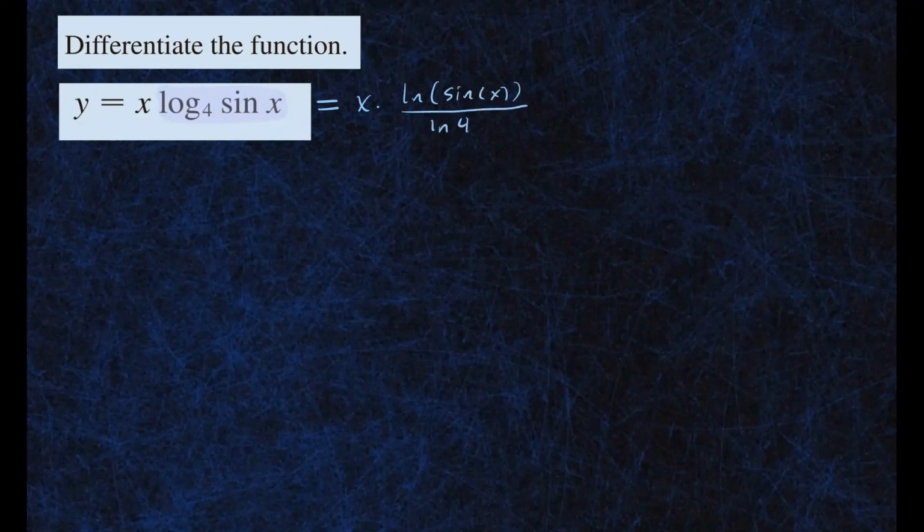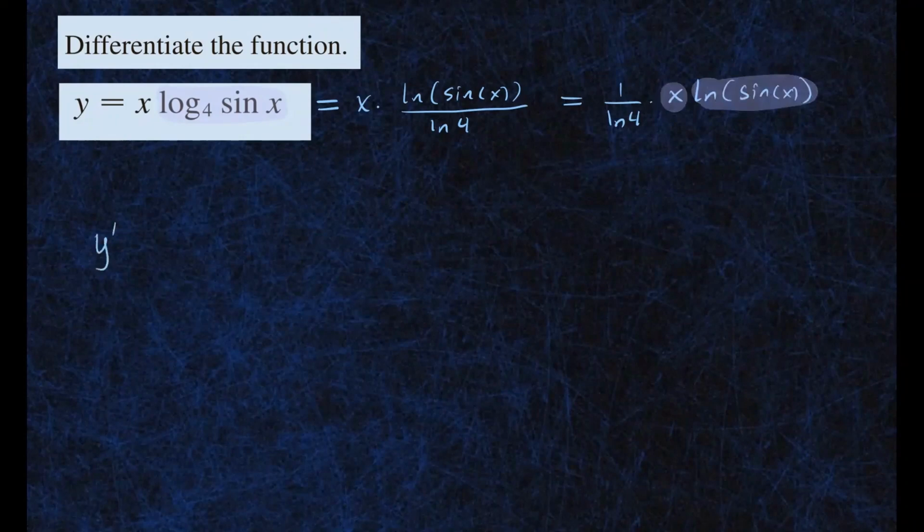So that is our function. Just rearranging the terms, this can also be written as 1 over ln of 4 times x times ln of sine of x. So you see here you have to use the product rule to differentiate this because this is a function, this is a function, and then within that you will have the chain rule.